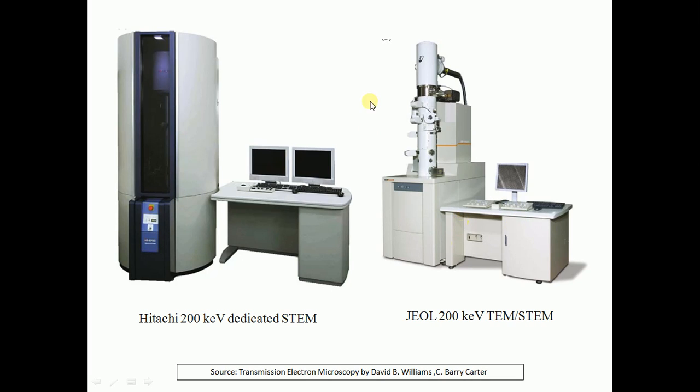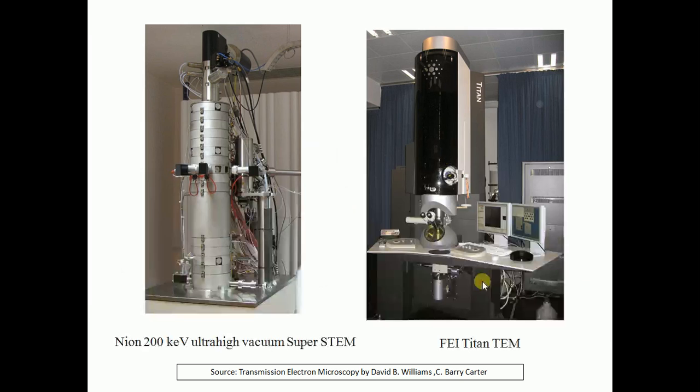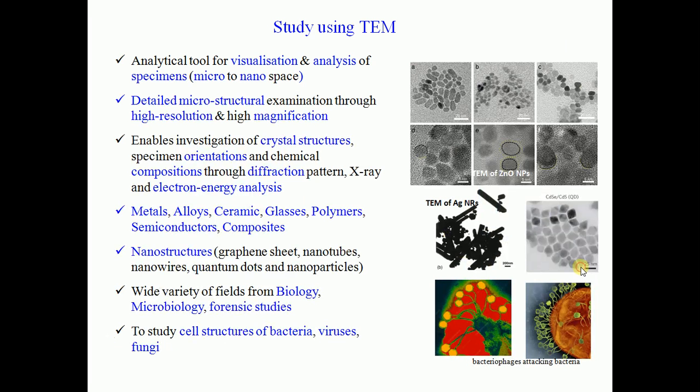This is the model which we have ordered and which we have received in the Common Facility Center, 200 keV JEOL TEM. We have other Nikon model, we have FEI Titan model as well. Just for your information, I am giving you the images.